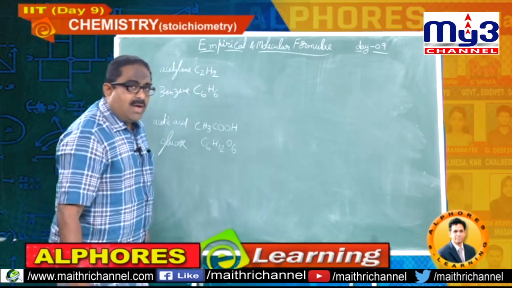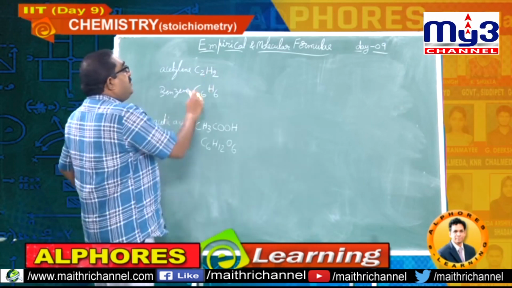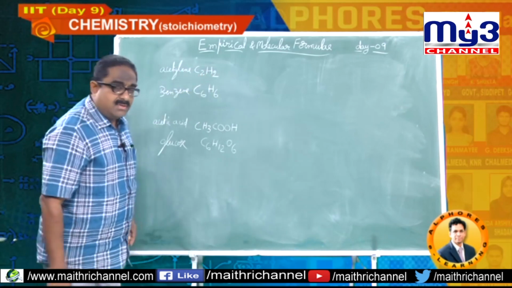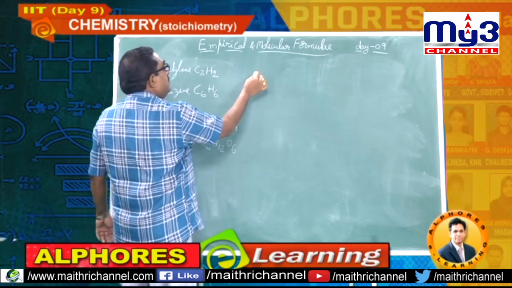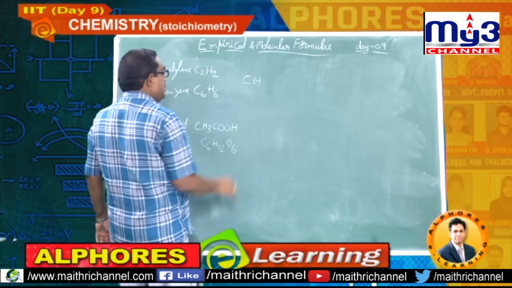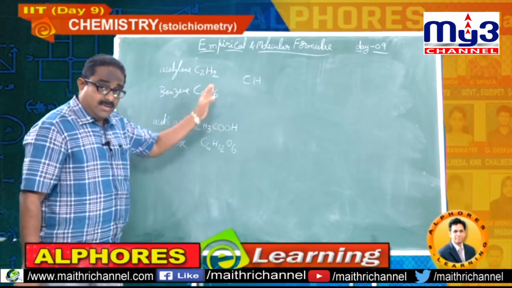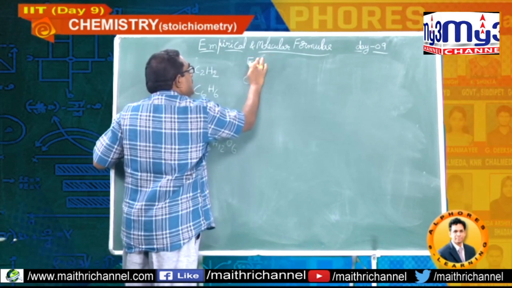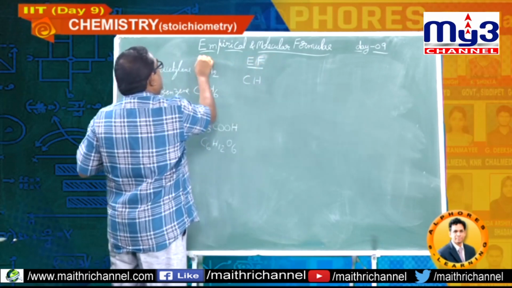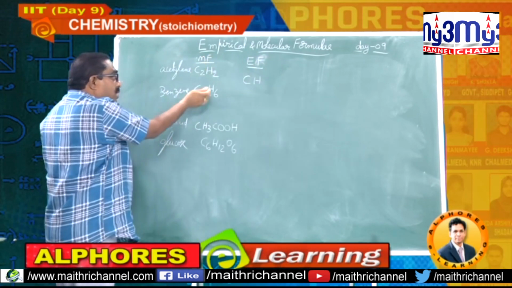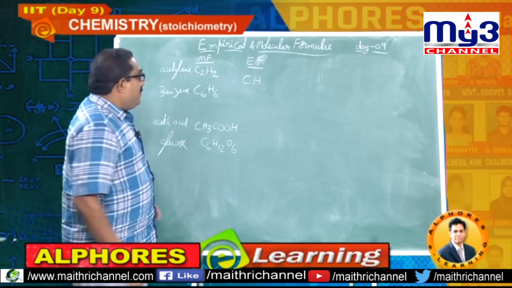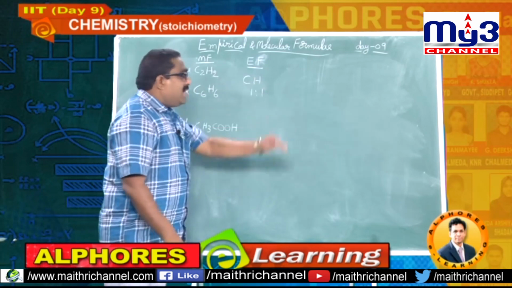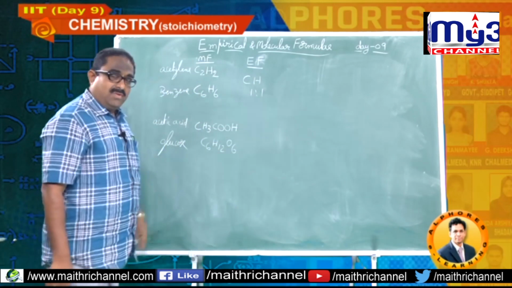Coming to the empirical formulae, if you take the ratio of atoms of carbon and hydrogen in both of these compounds, cancel out common term 2, CH, cancel out common term 6, you also get CH. So you can say this CH is the empirical formula of the compound for these two molecular formulae, because it gives only the simple whole number ratio of atoms of carbon and hydrogen present in these two compounds.